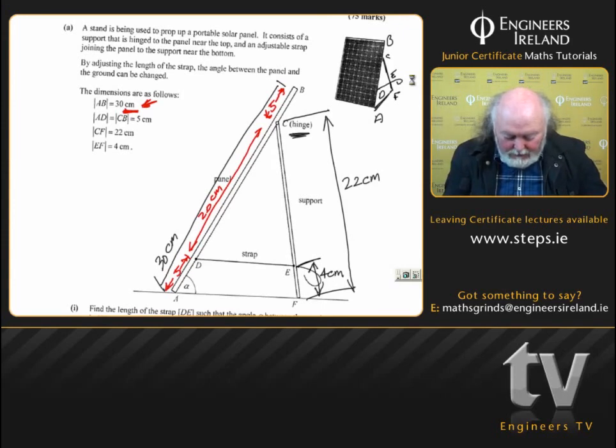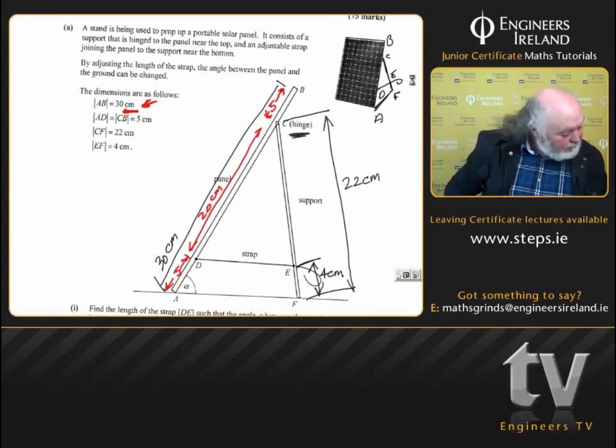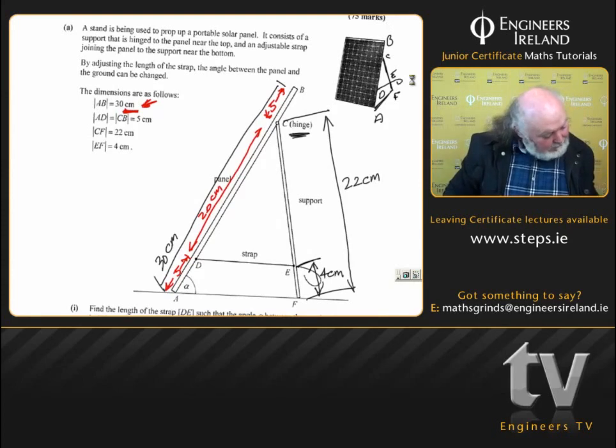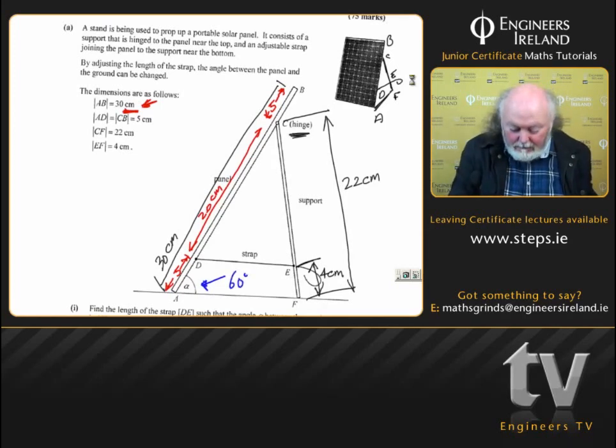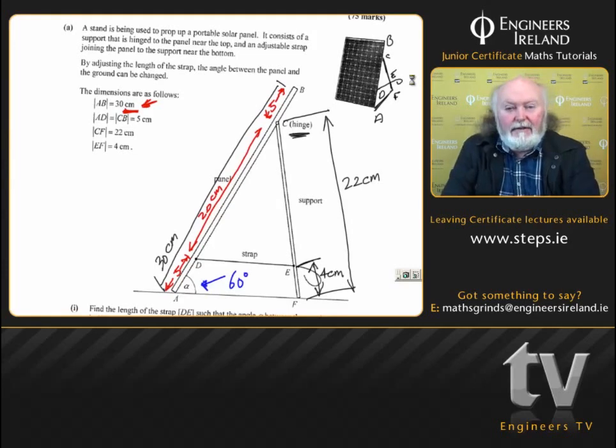Find the length of the strap DE such that the angle alpha, this guy here, between the panel and the ground is 60 degrees. That's a nice little trigonometry problem.